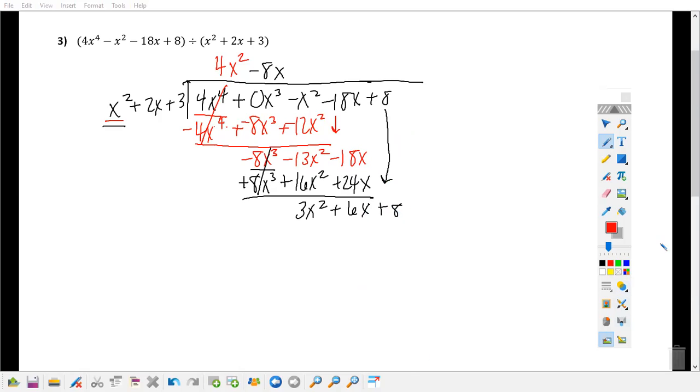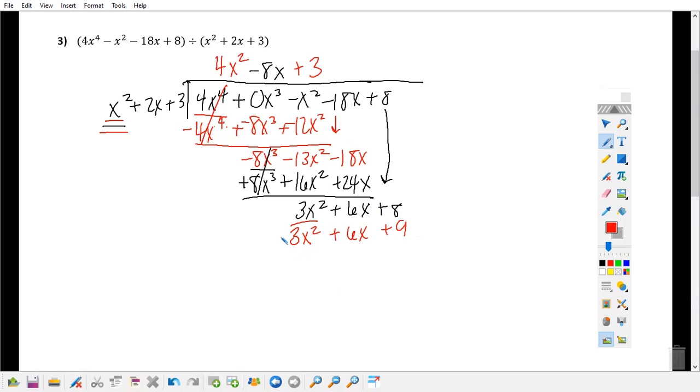Okay, then we got to do it one more time. So we're going to divide 3x squared divided by x squared is 3. Positive 3. After we divide, we're going to multiply. 3 times x squared is 3x squared. 3 times 2x is 6x. 3 times 3 is 9. And then we're going to do what? Subtract. And subtracting means to do what?